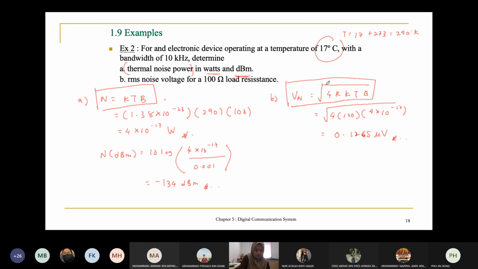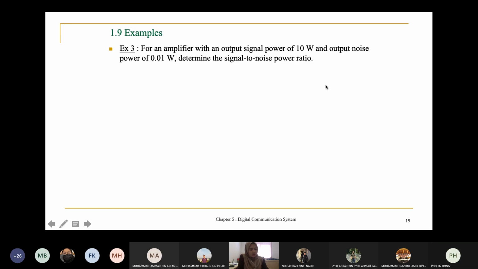So next is example 3. For an amplifier with an output signal power of 10 watts and output noise power of 0.01 watt, determine the signal to noise power ratio. So this one asks you to calculate the signal to noise ratio.